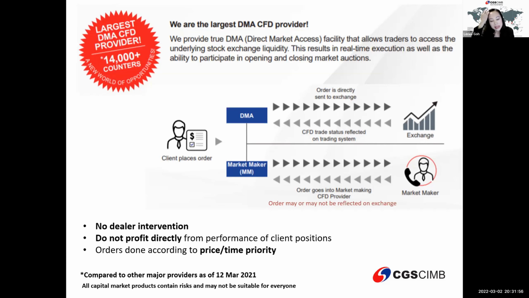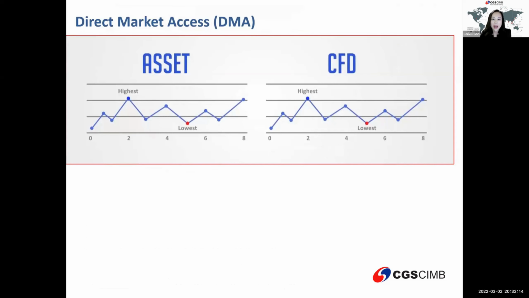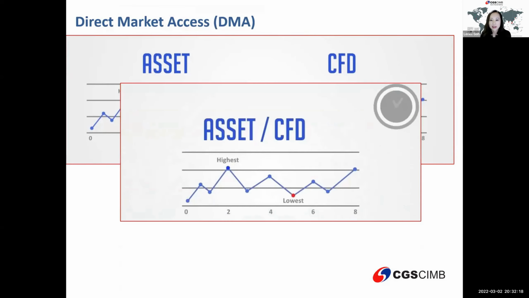These are some of the ways whereby the market makers can benefit from the order and make money from it. So if you trade with market makers, this is definitely one of the restrictions that you have: less transparency. For the DMA model, the price and the liquidity that you see is identical with what you're seeing from the exchange.